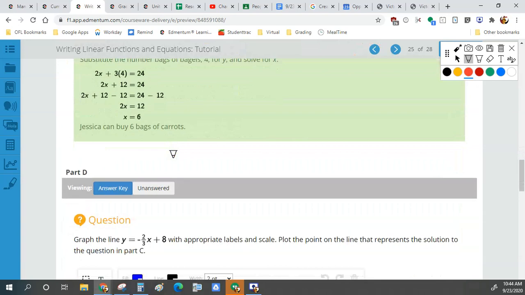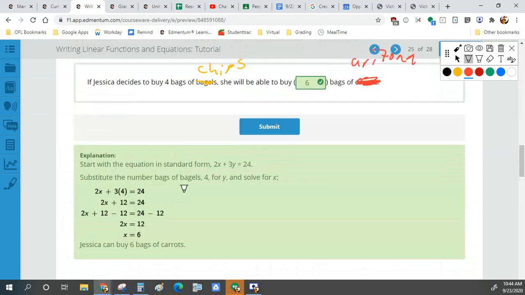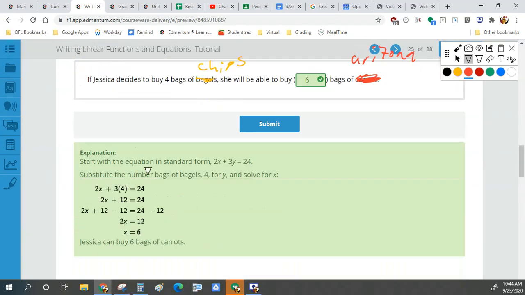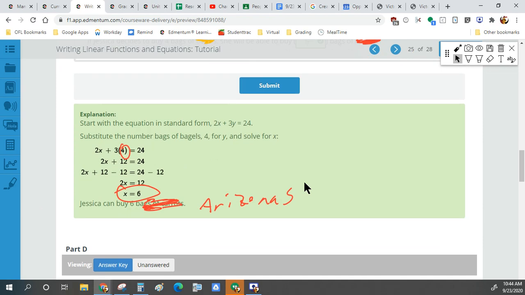All right. And this is how you solve for it. Like, well, I'm going to buy 4 bags of chips. All right, well, how many Arizonas can I buy? Well, I'm going to plug in the number of bags of chips right here. And then I'm going to solve for X, which we know are our Arizonas. You're going to have a lot of extra drinks.